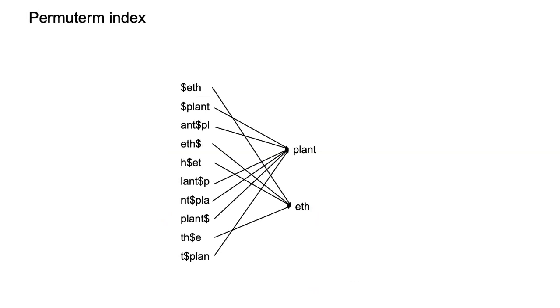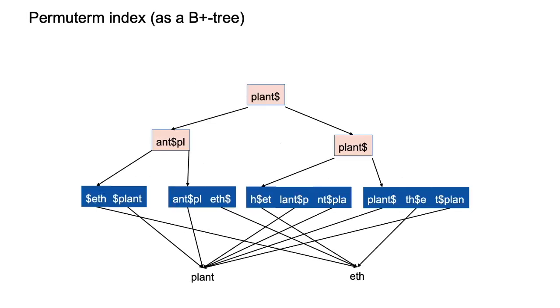But basically what you have is a huge tree that has all the rotations of all terms, but they don't point to postings lists. They point to the original terms. And then when you have the original term, you can look it up in the standard inverted index. So here you use two indices. And this is going to be a B+ tree. That's an example where I drew an explicit B+ tree, but I only put two words in there, plant and ETH.